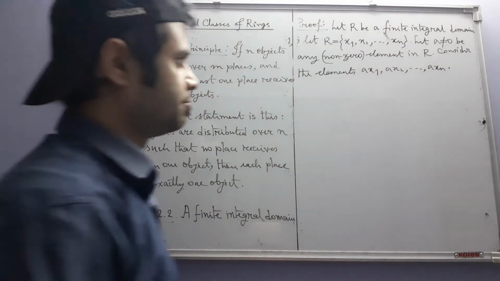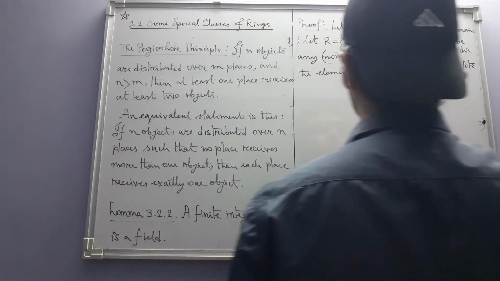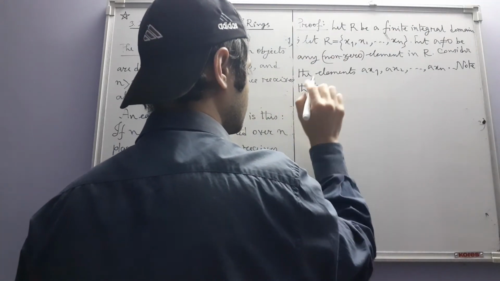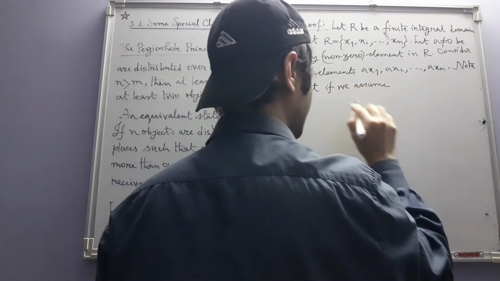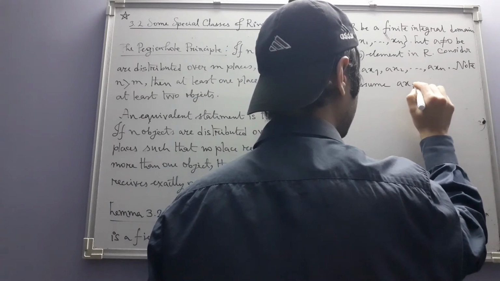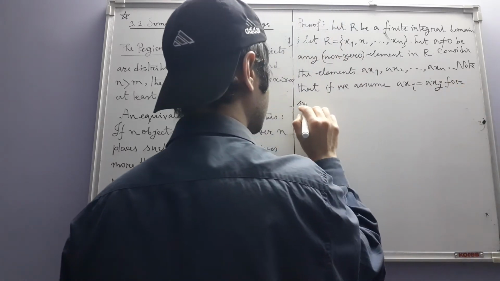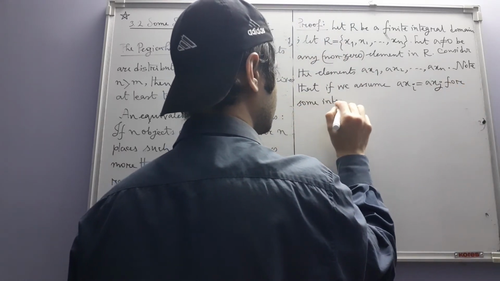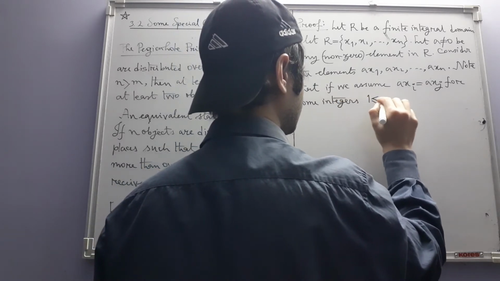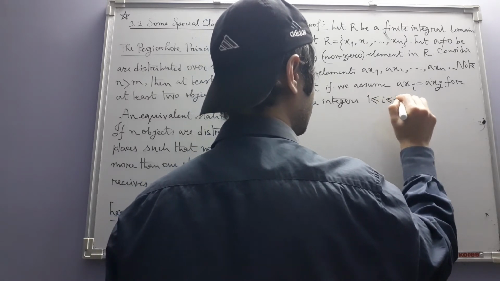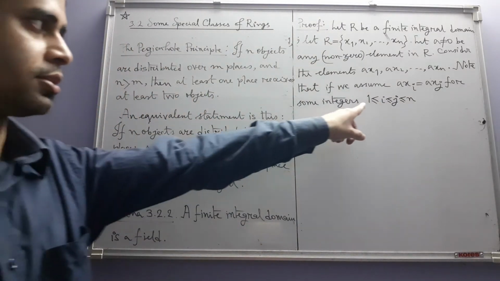These elements, okay. Note that if we assume axi is equal to axj for some integers i and j, I could have written j less than or equal to i, but without loss of generality I am writing this.